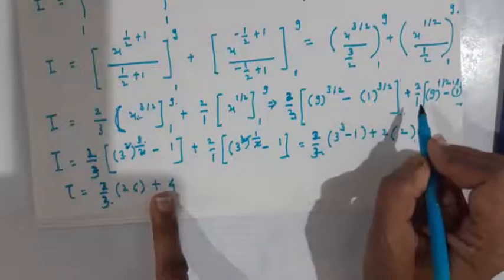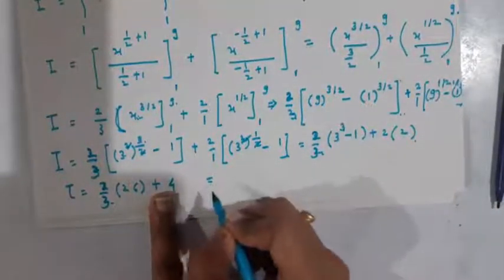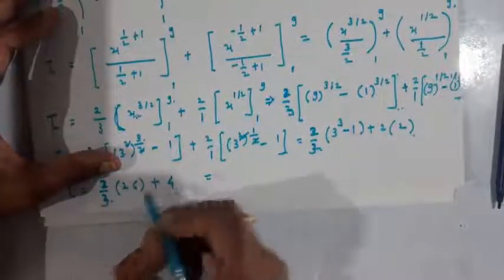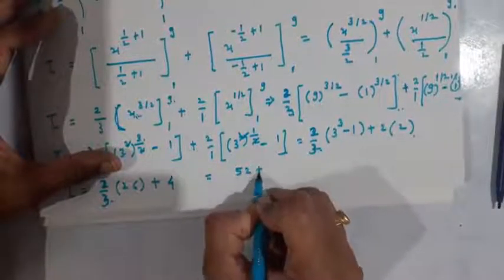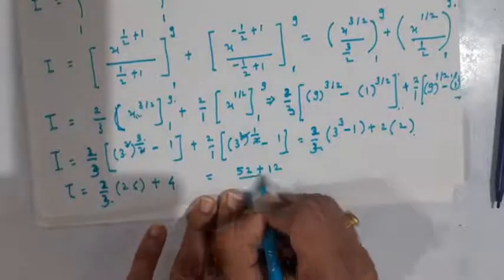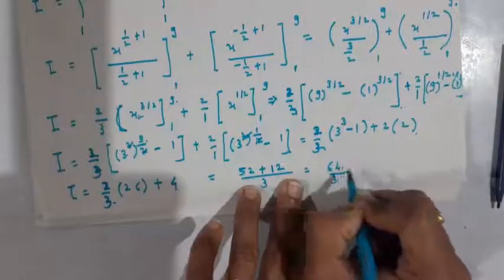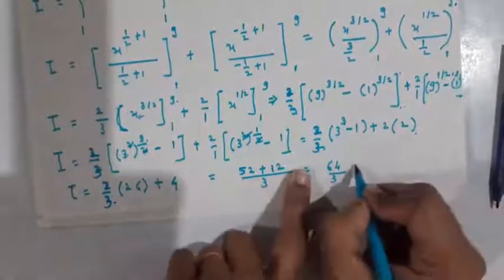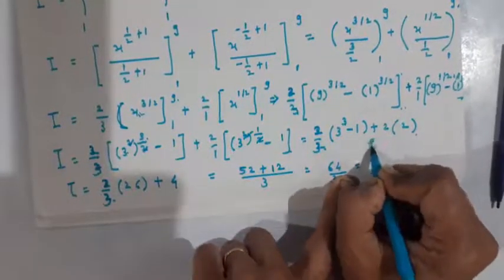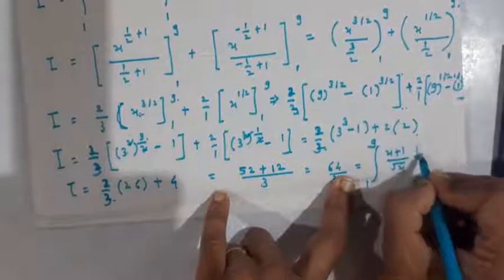Upper limit minus lower limit, and this is equal to 26 into 2, that is 52, plus 4 3s are 12, LCM will be 3, and upon 3, and this is equal to 64 upon 3, and this is the integration from limit of integration 1 to 9 of x plus 1 upon root x with respect to x.